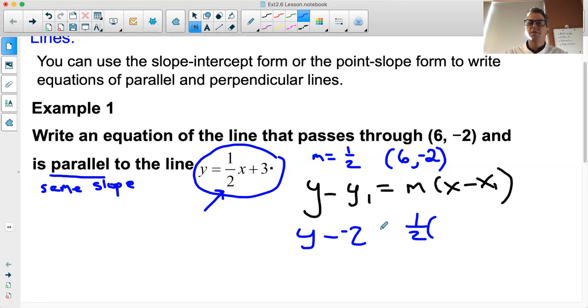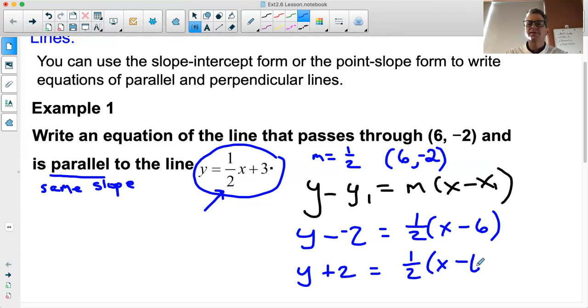And that's equal to the slope, we already put in there, 1/2, times the quantity x minus the x from the point, which is 6. Now, it doesn't say to convert it to slope-intercept, so we can just do a little bit of simplifying here. Subtracting a negative is adding a positive, and we have ourselves an equation: y plus 2 equals 1/2 times (x minus 6).